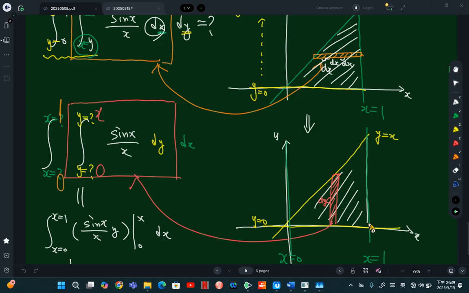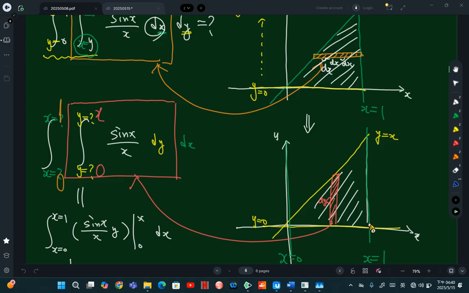This time the function value is here, here, here, here, times a small portion dy. Then you can get the area for this small piece.